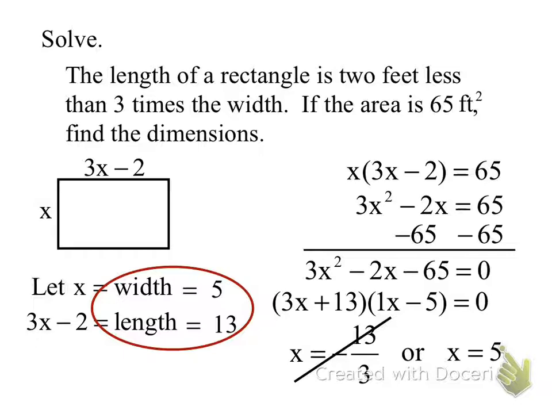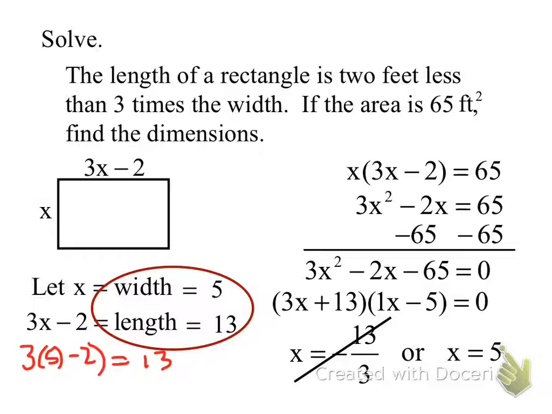Because I'm substituting in the 5: 3 times 5 minus 2 is equal to my length, which is 13. So I can't use that negative value.